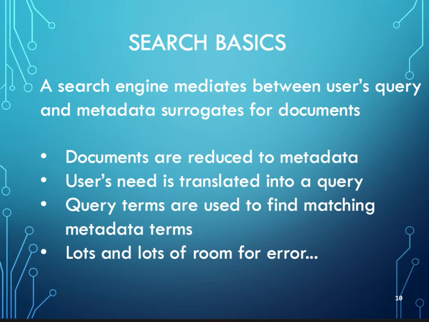Usually, a user will type in one or two words that they think are related to what they are looking for, and from there the query tries to find matching data, metadata. At times there tends to be less accuracy. For example, if a person is looking for a bank, how does the query know that it's not looking for a river bank?